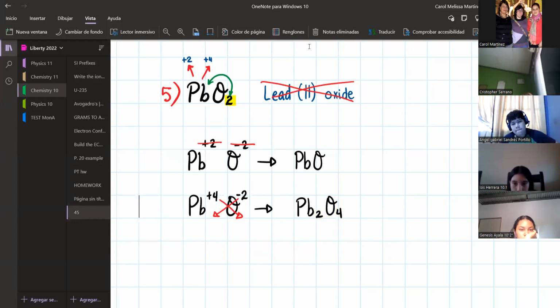So to simplify, the compound formed will be Pb. We have 2 and 4, so that 2 becomes 1 and the 4 becomes 2. So PbO2. And remember that 1 is invisible.